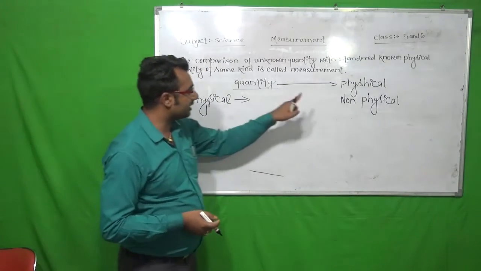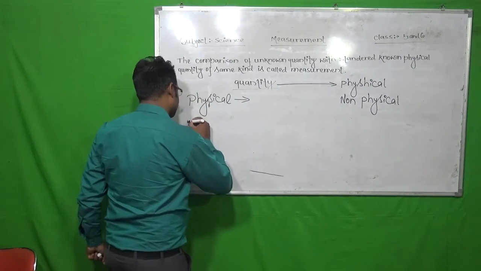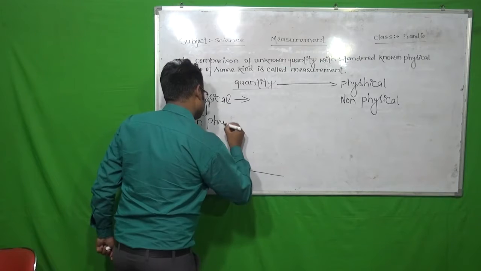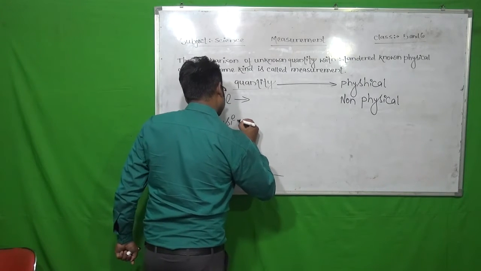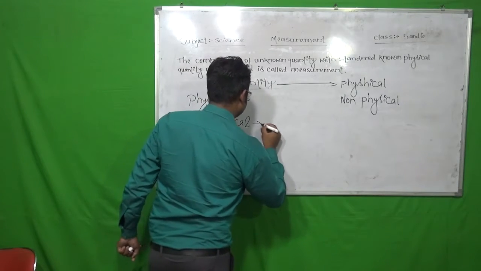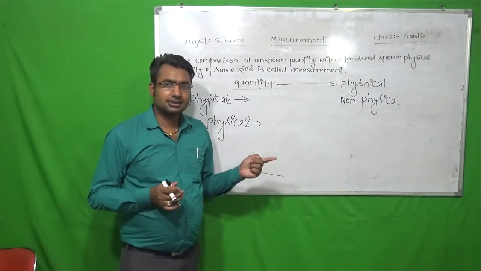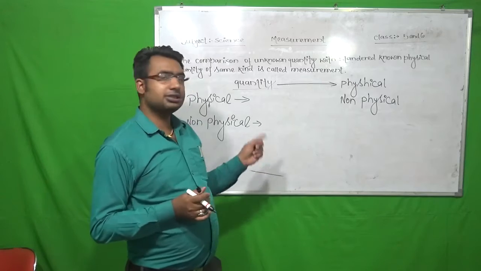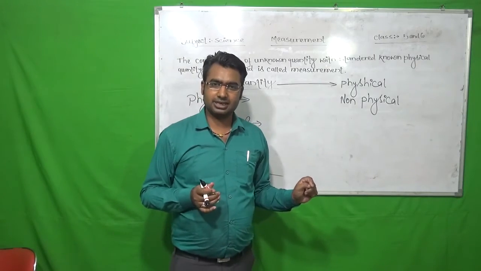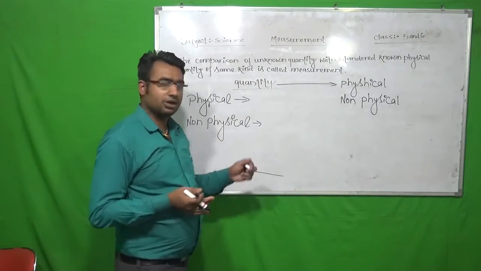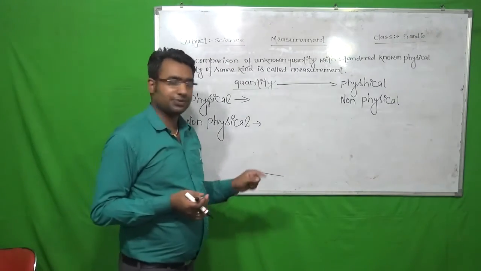And the second one is non-physical quantity. Non-physical quantity means the quantity which cannot be measured. In another way we can say that non-measurable quantity is called non-physical quantity.